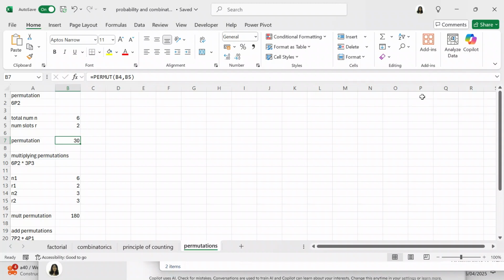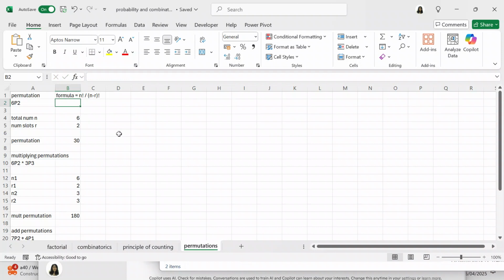And so basically, I think the formula is P equals n factorial divided by n minus r factorial.